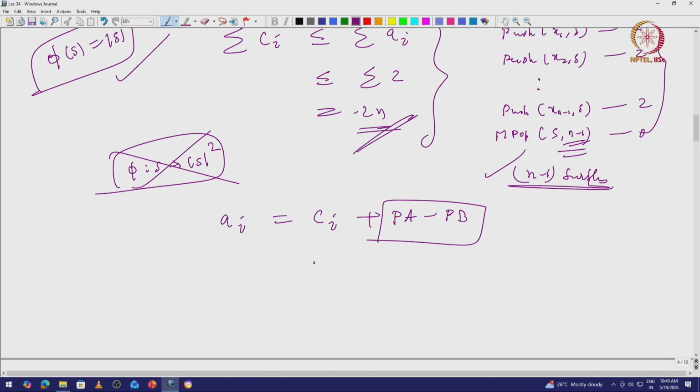Therefore, this Ci is wildly fluctuating, this Ai is uniform, this can be anything. Therefore, this fluctuation is nullified by Pa minus Pb. The potential difference cancels that wild variation, brings it to some number that is uniform, which is easy for us to add.